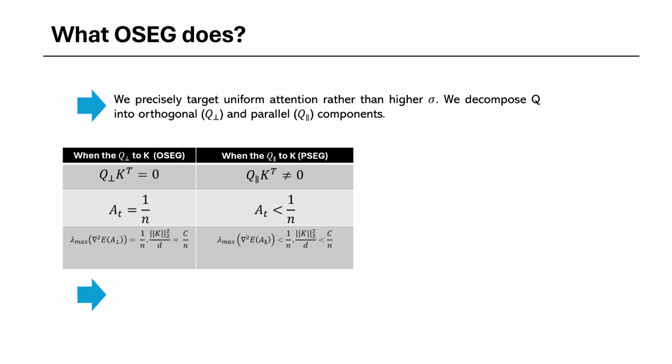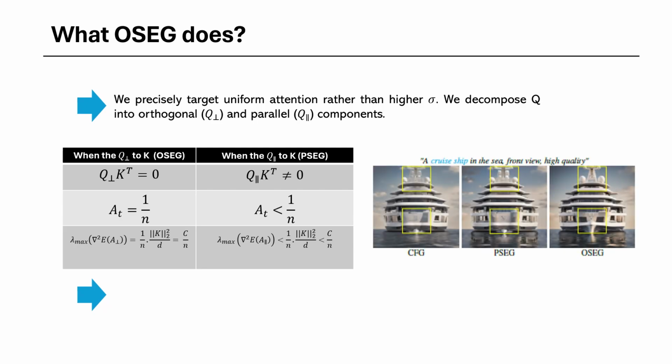We have seen that the orthogonal part is responsible for non-uniform attention and dominates the parallel part by driving the curvature bound. Here, visually, parallel smoothed energy guidance, PSEG, with parallel query tokens cannot retrieve the details of the cruise ship, while orthogonal smoothed energy guidance with orthogonal query tokens can.